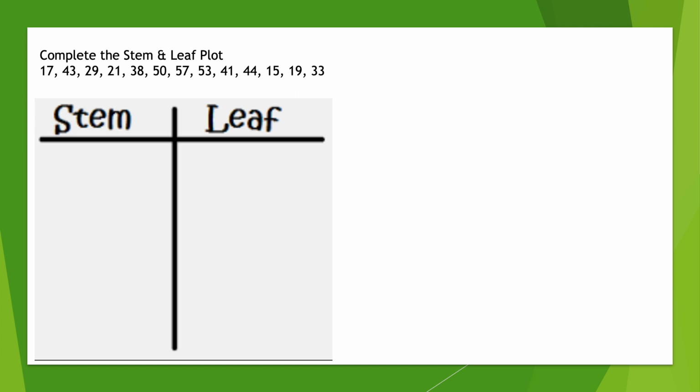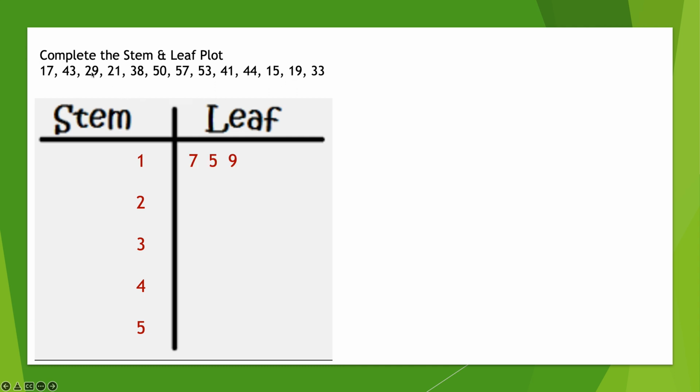Your stems are going to be 1 through 5. It's very difficult to put one number in at a time with PowerPoint. So we can look through at all the ones, and there'll be a 7, a 5, and a 9.